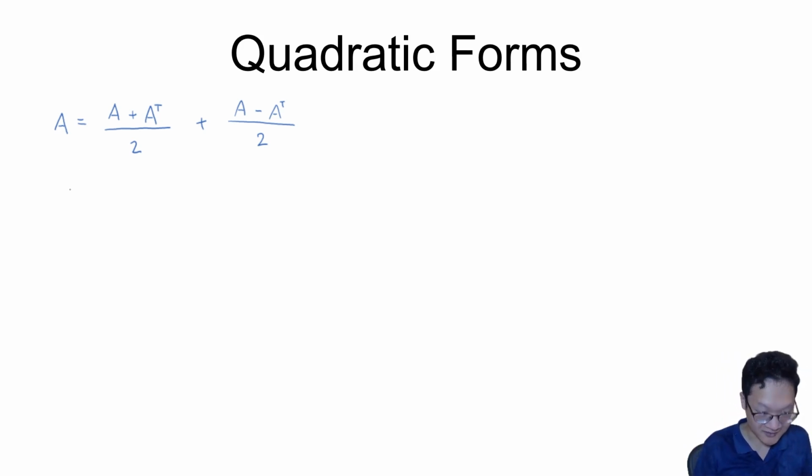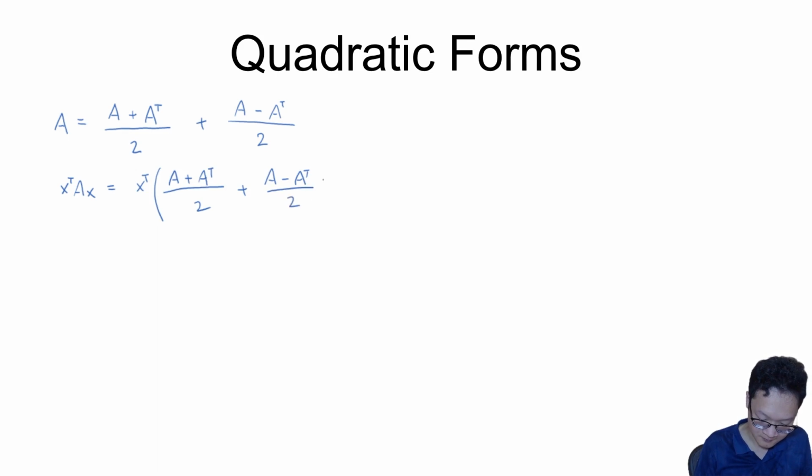Okay, so let's write A this way, and then the quadratic form will become x transpose, and then instead of A, we're going to write everything up here. Okay, so that's the quadratic form. And it turns out that when you have a matrix in the middle for quadratic forms, you can separate them out into two different quadratic forms.